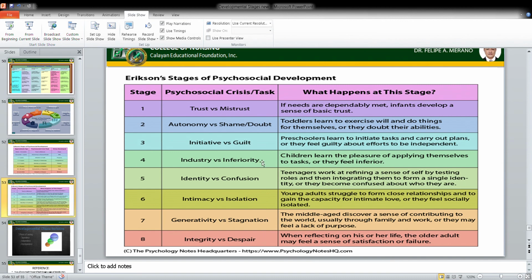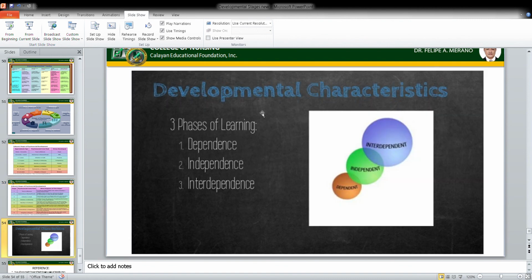What happens at this stage? These are the characteristics that you need to see in Erikson's stages of psychosocial development. And for the assignment, you need to determine the three phases of learning: dependence, independence, and interdependence.